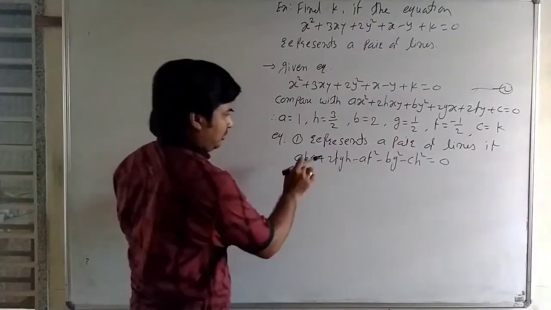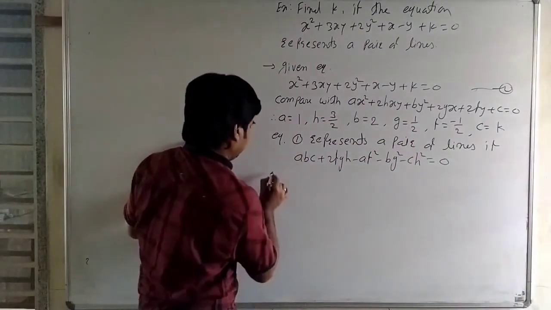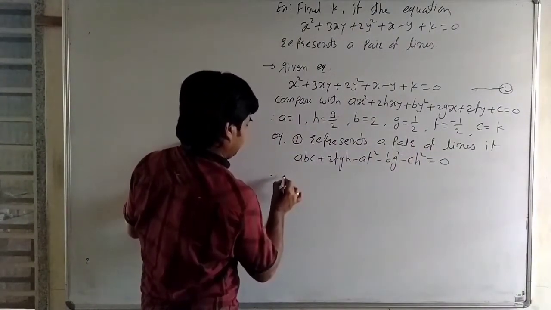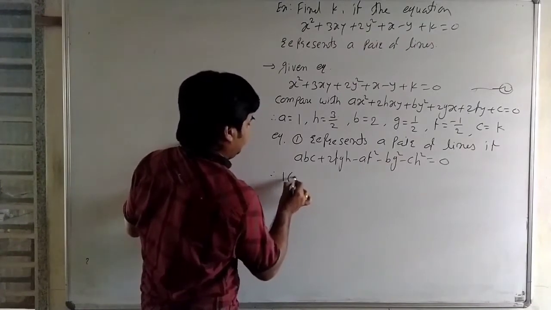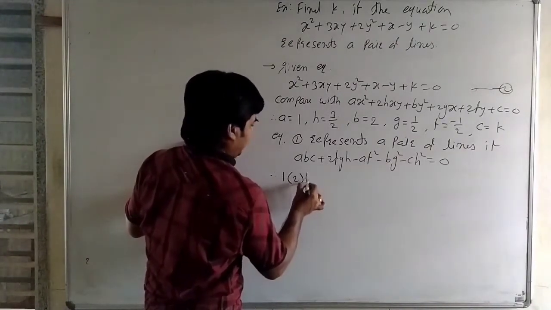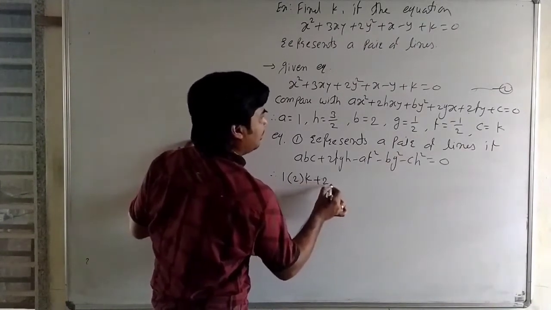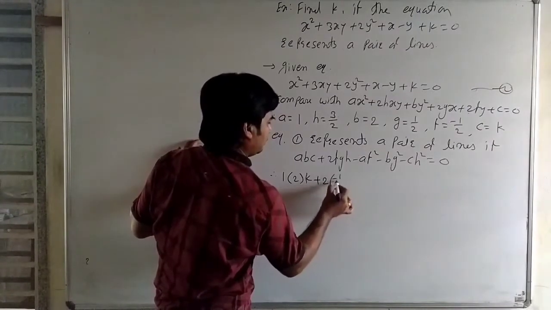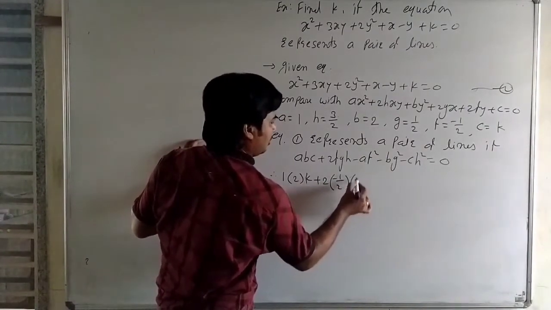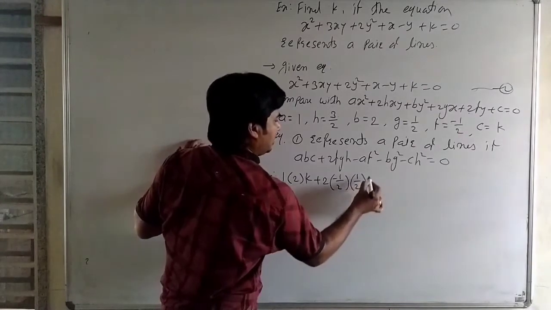Equation 1 represent pair of line if this condition satisfied. Therefore, ABC 1 into 2 into k plus 2f it is minus 1 by 2, g 1 by 2 and h it is 3 by 2.